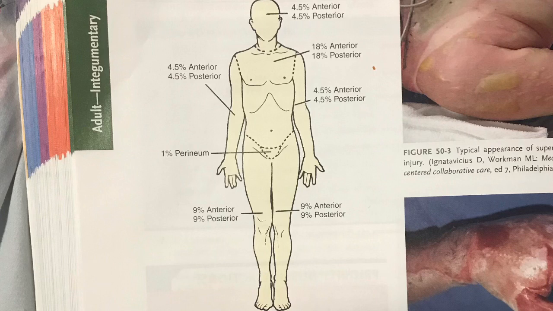So the total burn would be 19%. 9 for the anterior right limb, 9 for the anterior left limb, up into the perineum, 1%. So 9, 9, and 1, 19%. And again, that's how you would find what percentage of the total body area has burns.